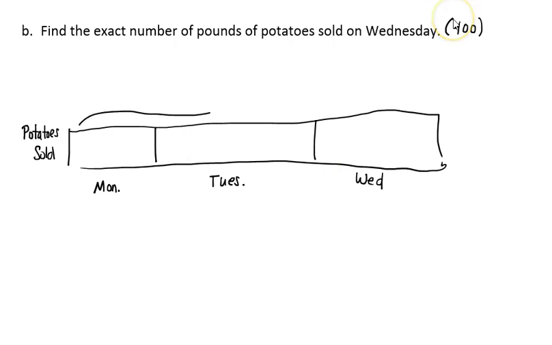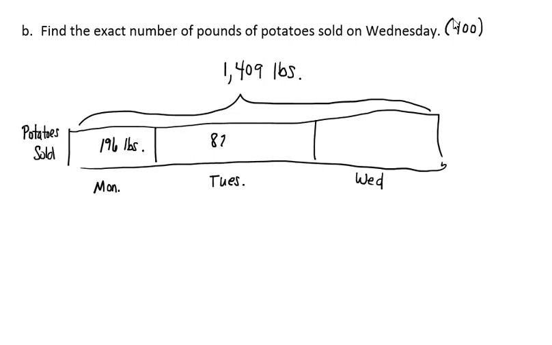Now for the total, we know that the exact total was 1,409 pounds. And we know on Monday they sold 196 pounds. And on Tuesday they sold 823 pounds. And again, we don't know how many potatoes they sold on Wednesday.